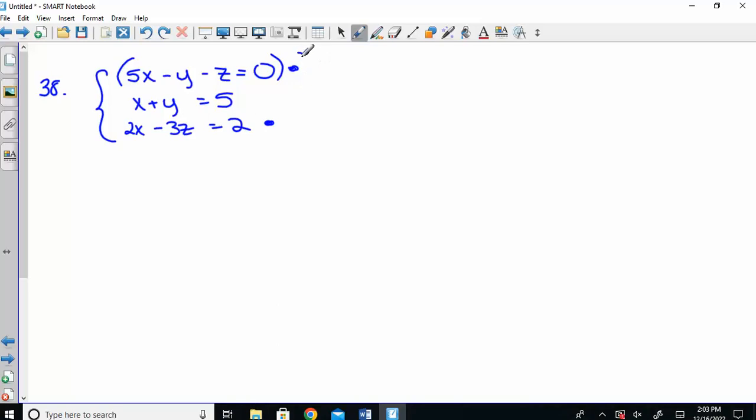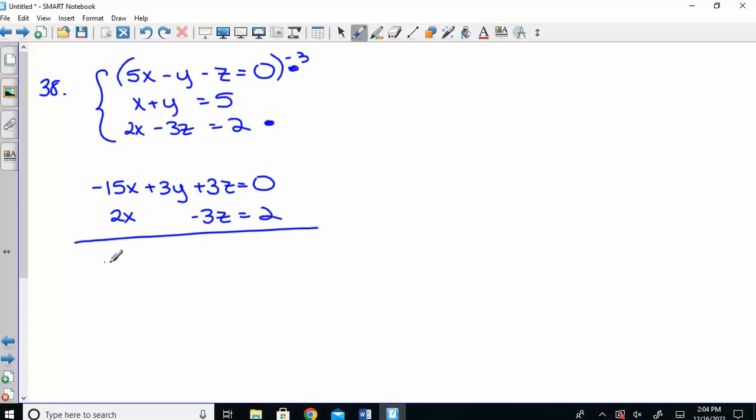This one times, so we get negative 15x plus 3y plus 3z equals 0. And this one we have 2x minus 3z equals 2. So when I put those together, I get here.